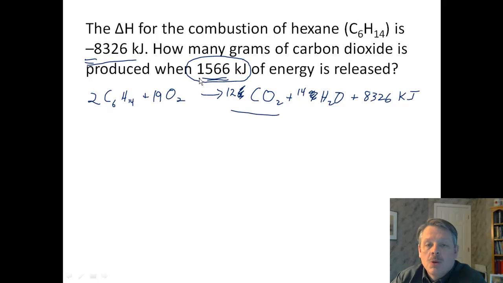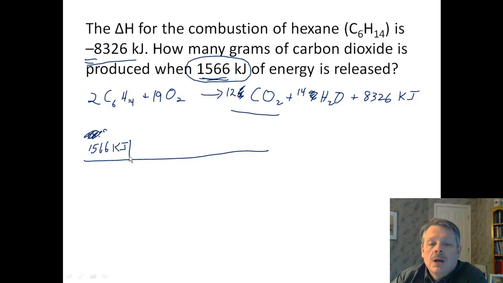We're going to start with the information we're given. Again, if you didn't get this far, pause the video and see if you can work this one out. Okay, so we start with 8326 kilojoules of energy. I treat this like any other stoichiometry problem. I'm starting with kilojoules, so what goes on the bottom?